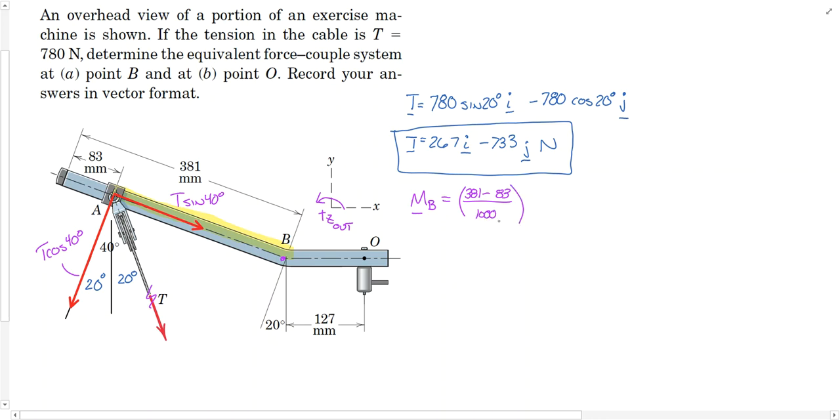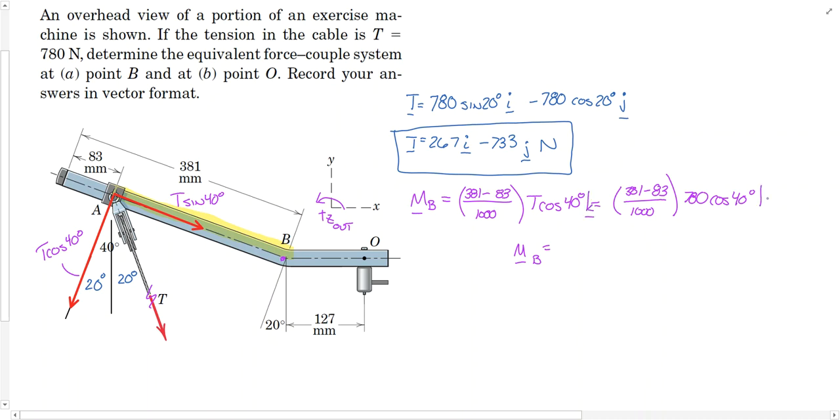And then we multiply it by T cosine 40. If we substitute in, we have 381 minus 83 over 1,000 multiplied by 780 times the cosine of 40 degrees.